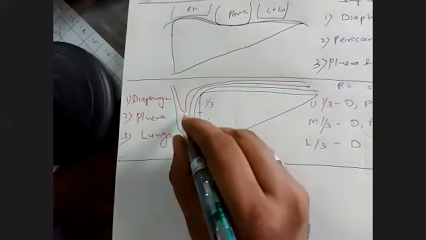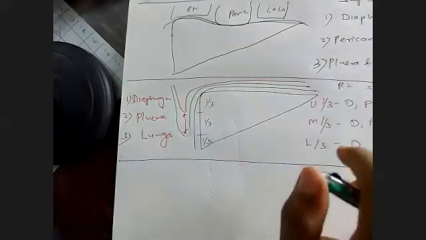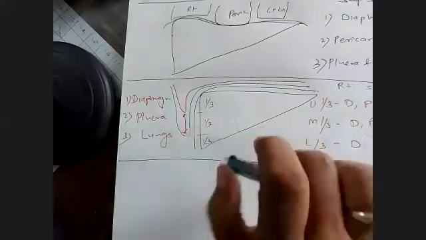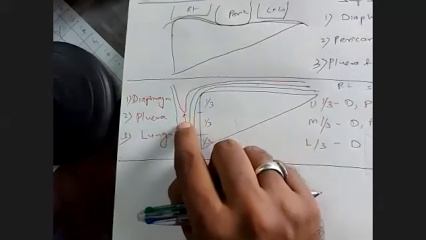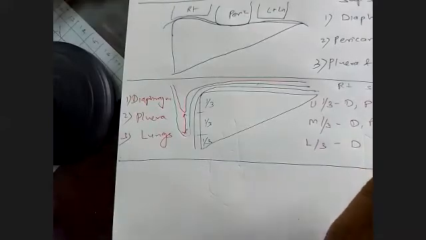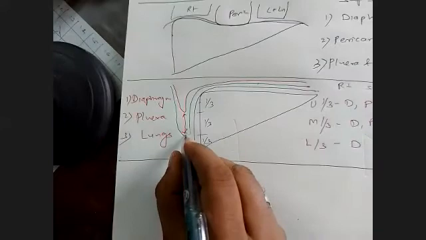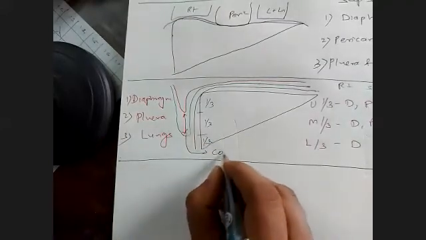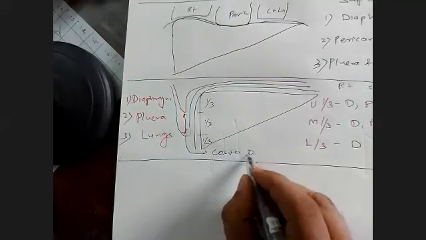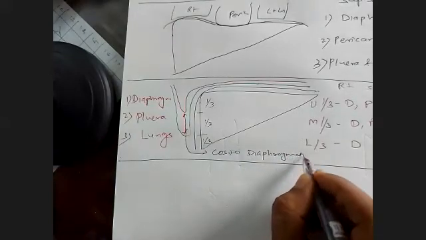So this part where there is no lung but only diaphragm, this is the extra space provided to the lung for expansion, and this is called the costodiaphragmatic recess.